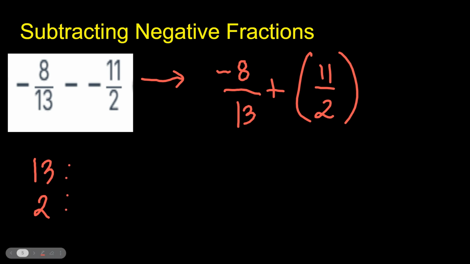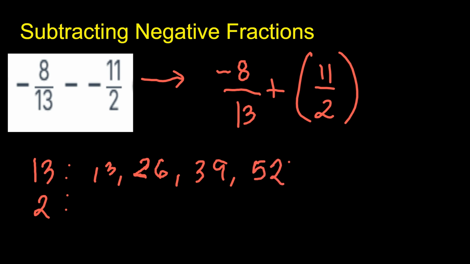For 13, the multiples are 13, 26, 39, 52, 65. Okay, we'll stop at 65 for the multiples of 13.